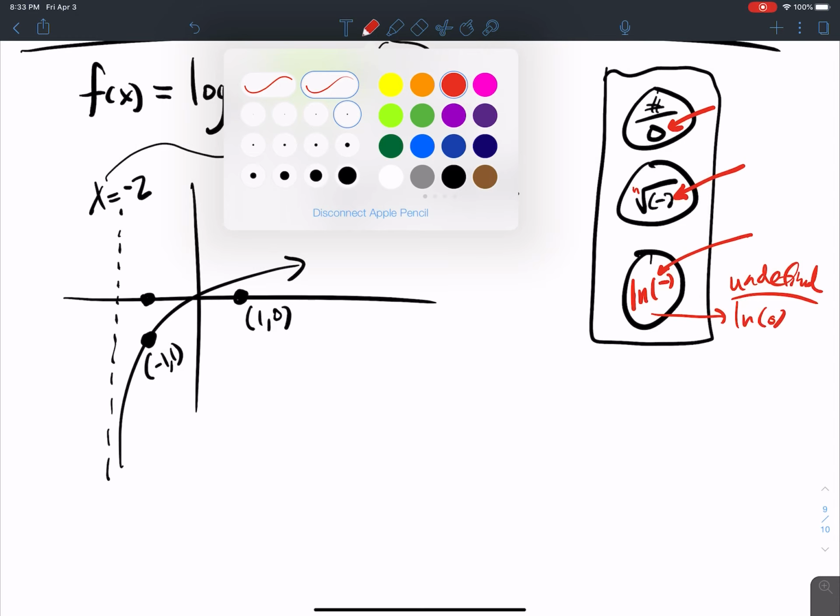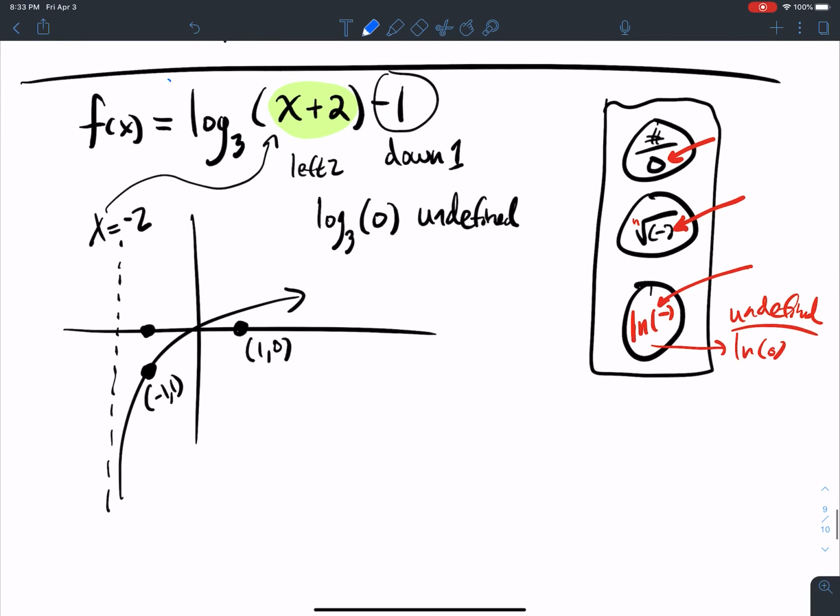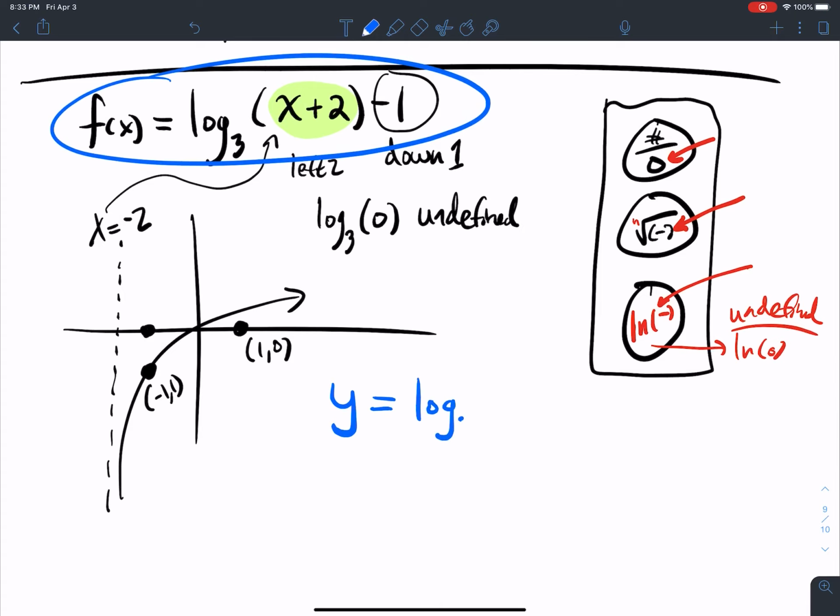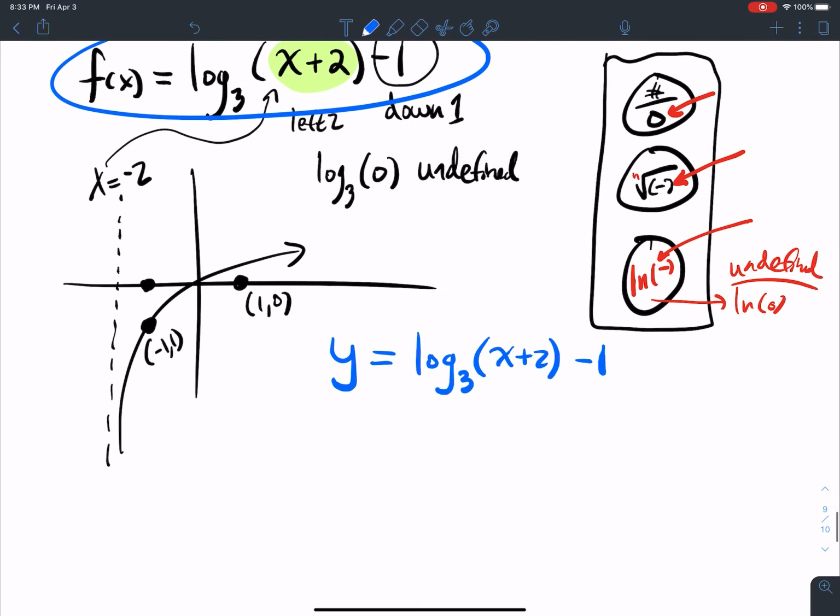One other thing that might help you is if you take y equals log base 3 of x plus 2, minus 1, and we did the exponential form, maybe that helps, maybe it doesn't, right? If I'm going to do the inverse, first thing I do is swap my x and my y.